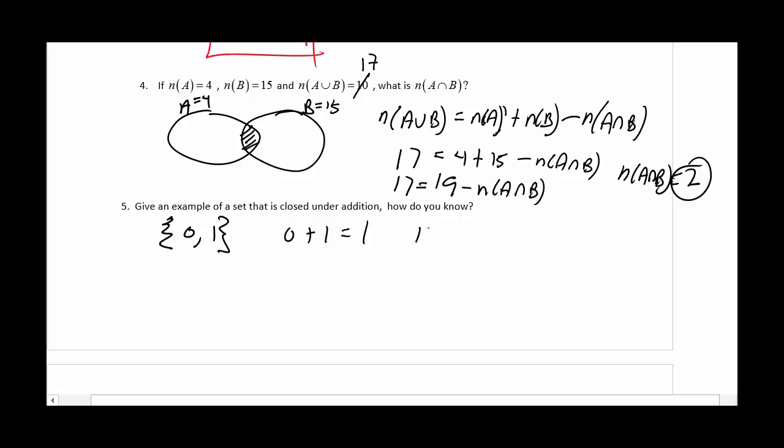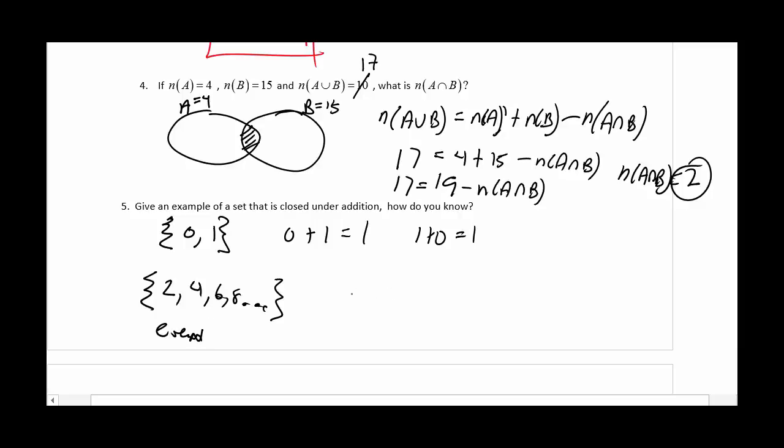Or if I switch the order, switching the order is not going to do anything for me. I still get the same thing. So if I pick any 2 elements from my made-up set, it's going to fit the closed under addition rule. Another illustration of this would be the even numbers. So 2, 4, 6, 8, ... Okay, we're just looking at the evens.